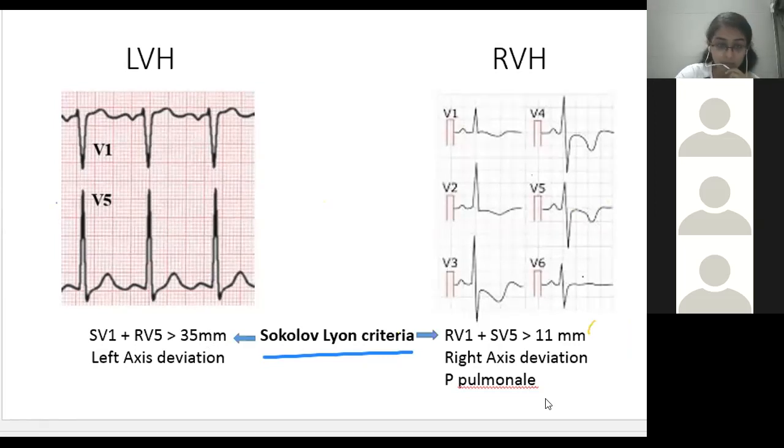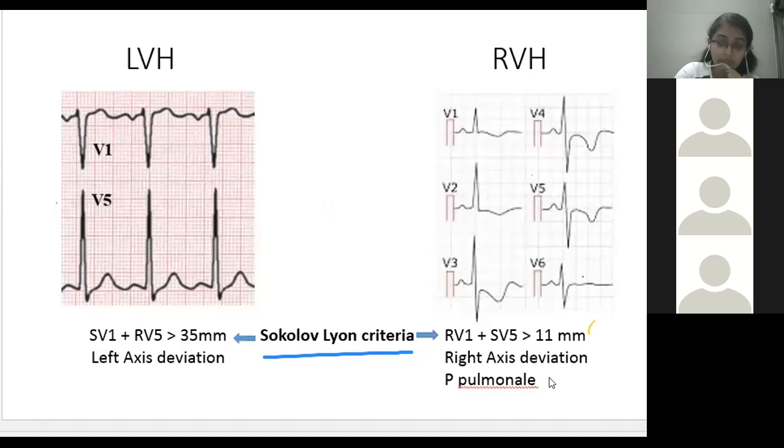One thing you need to understand is it can be V5 or V6; you can calculate it by the R wave in V5 or in V6. You have to see the R wave in V1 and S wave in the V5 or V6 lead, add them, and see if it is more than 11.